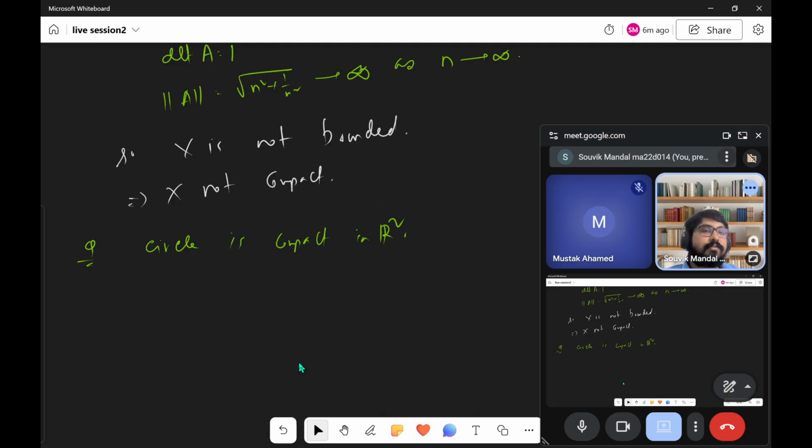For this, what you need to construct is the circle. Okay, circle is compact. Basically, you need to use the fact that it's closed and bounded. Okay, so please do think and take your time.